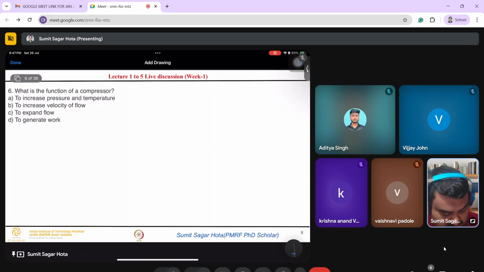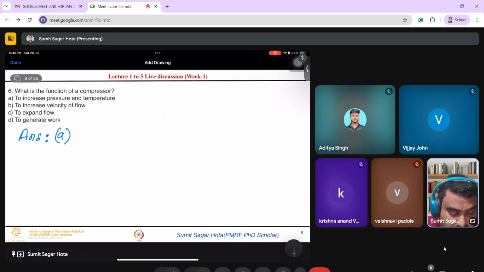It's very simple. If the pressure increases, because of the increase in pressure there will be a chance of an increase in temperature. So if we increase pressure and temperature, then what will it be?